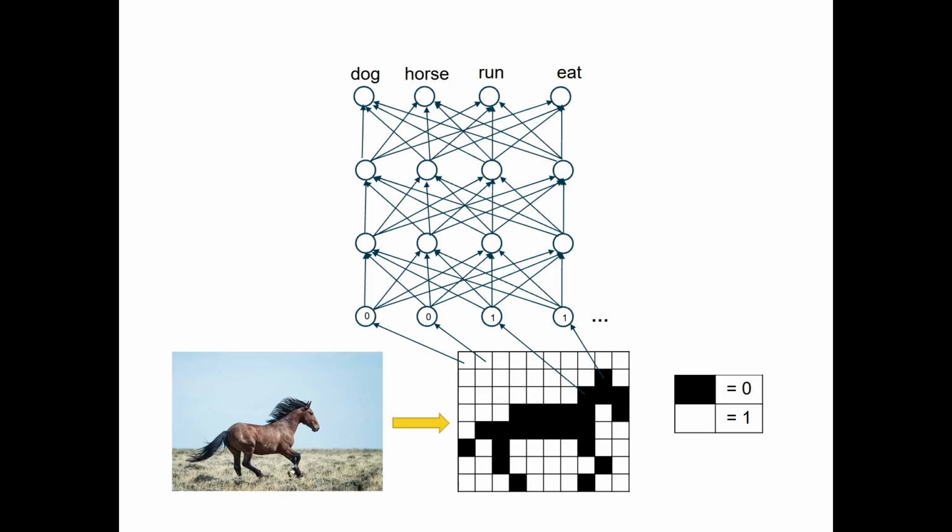I can't show them all here because I've only included 4 neurons, but in practice, for this exercise, we have 8 pixels this way and 10 pixels in this direction, so it makes 80 pixels. Therefore, we would need 80 neurons on our first layer. And then on the last layer, we'll have our different categories: dog, horse, run, eat, and so on. So we can have as many neurons on our last layer as we have categories into which we want to classify our images.